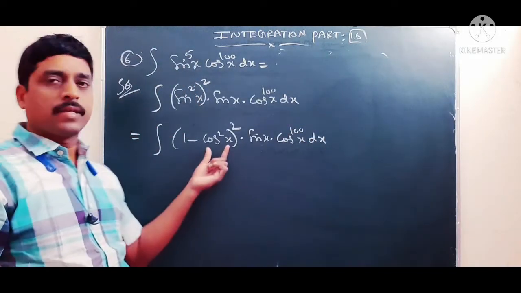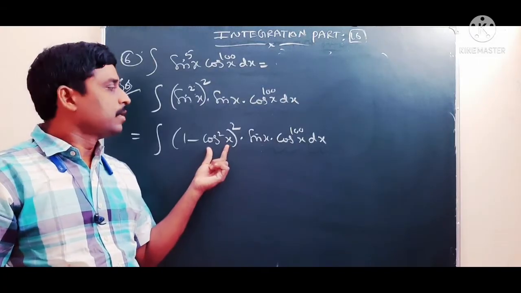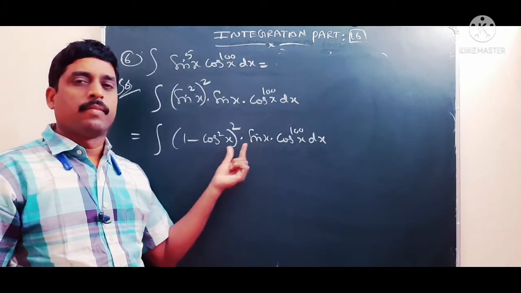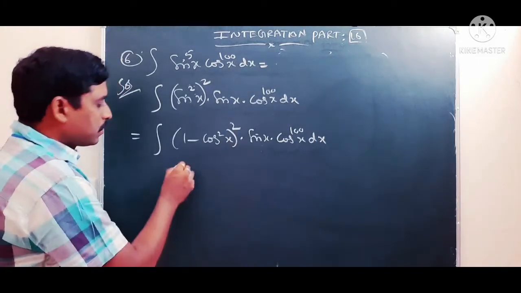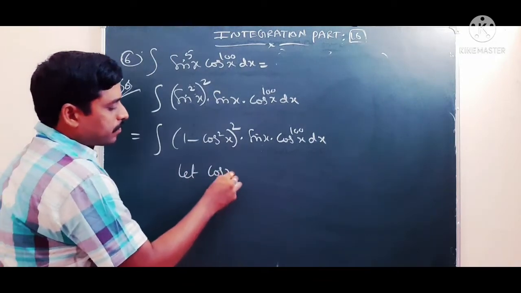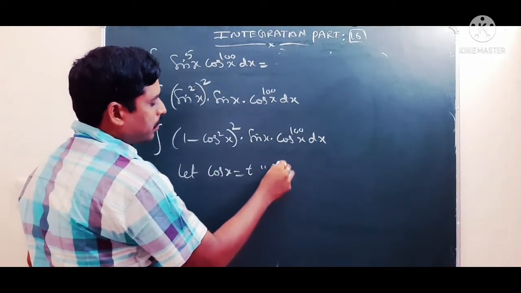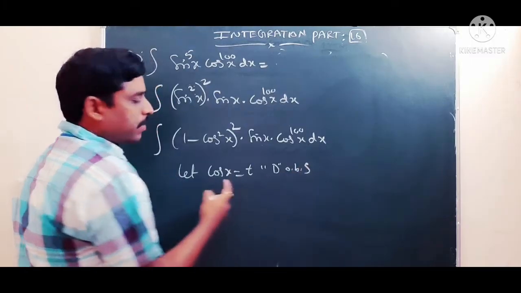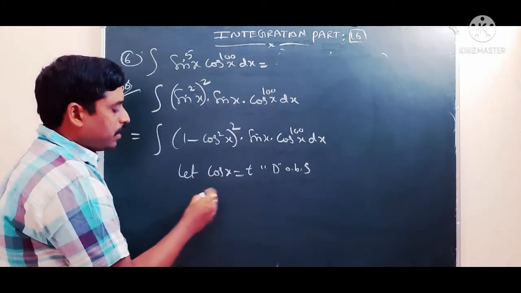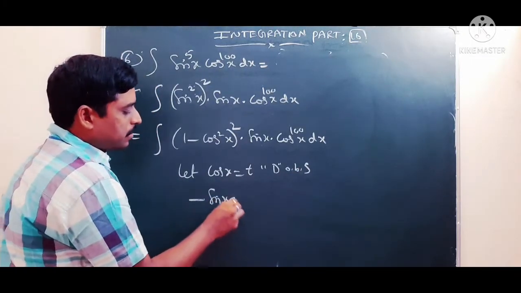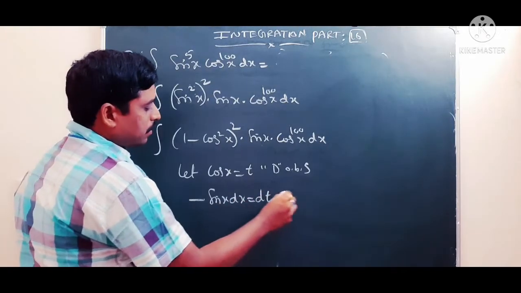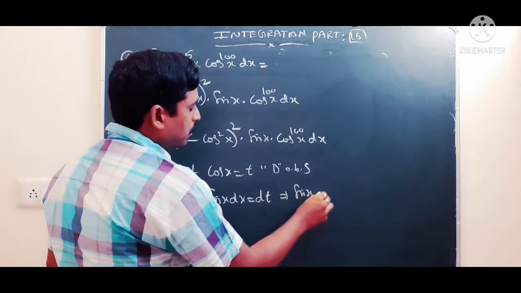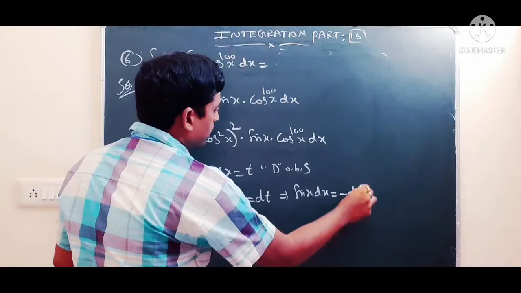So let us take cos x is equal to t. Now take the derivative on both sides. The derivative of cos x gives minus sin x dx is equal to dt. This will be sin x dx is equal to minus dt.